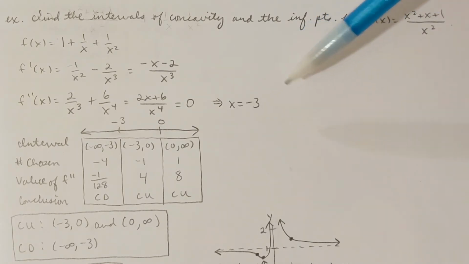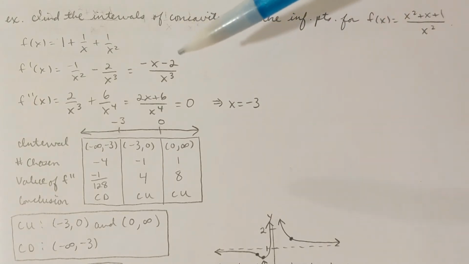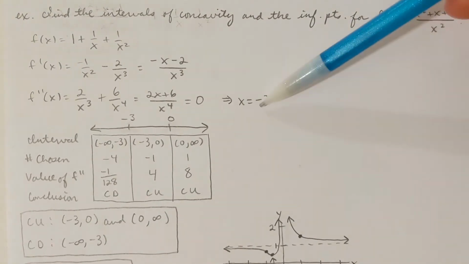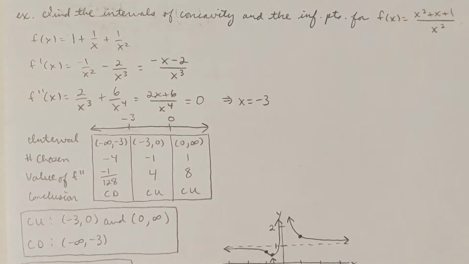Okay, now I mentioned in the last video, this number here, when you set f double prime of x equal to 0 and solve, is not a critical number. Okay, it behaves like a critical number. You know, this is a key number on the picture that may produce an inflection point, but I wouldn't call that a critical value.